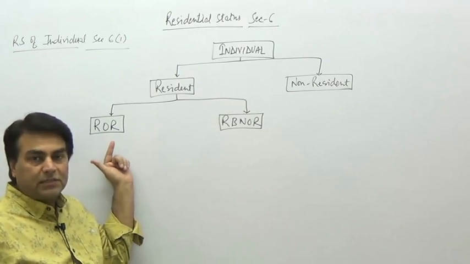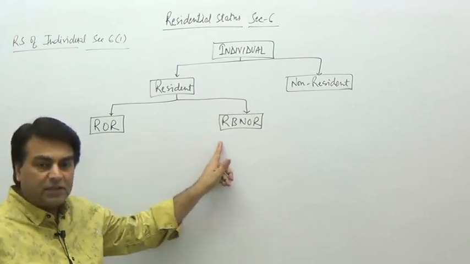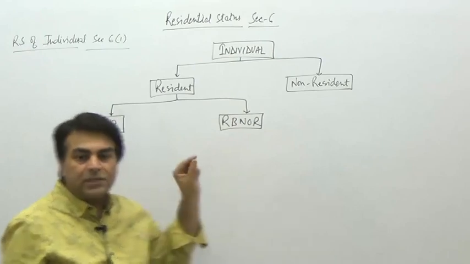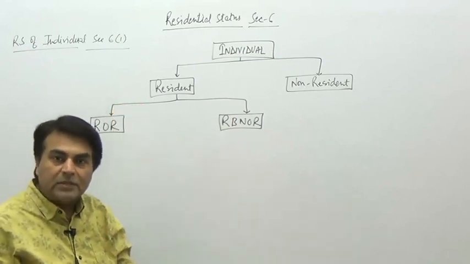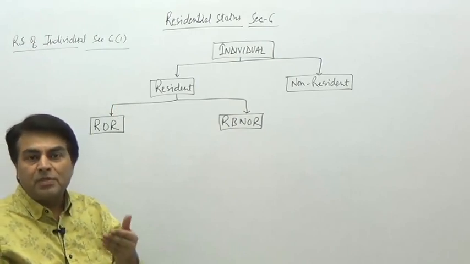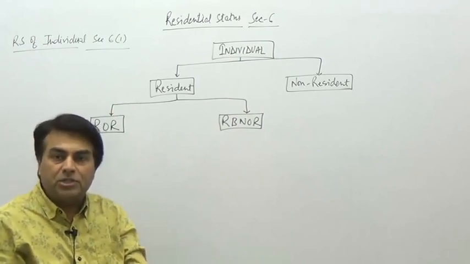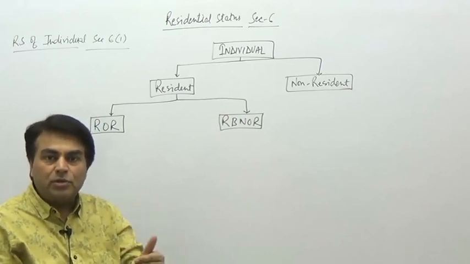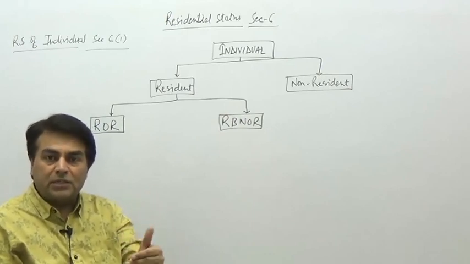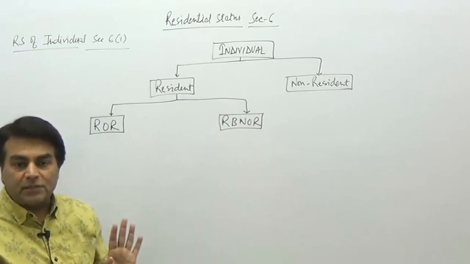ROR is the final status. RBNOR is the final status. Non-resident is the final status. Resident is not the final status, but it is a kind of a stoppage in between, a kind of milestone to work out the final status of your individual SSC.